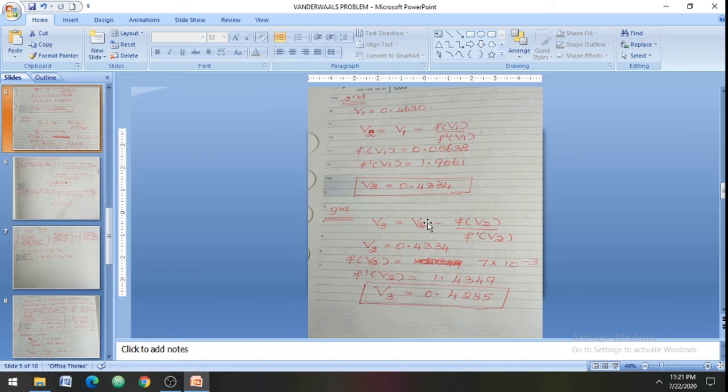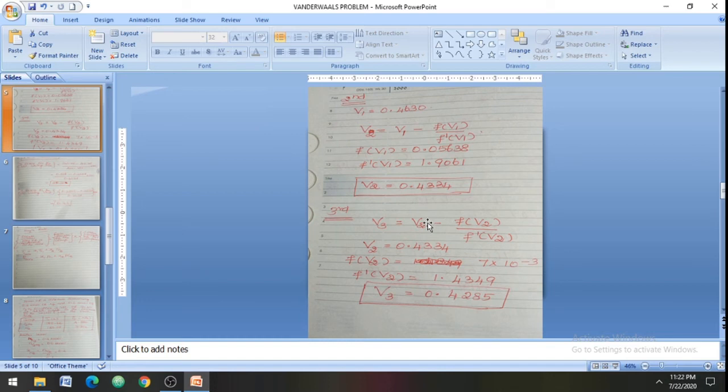We have the equations for f of V and f dash of V, so replace V with V1, and find out f of V1 and f dash of V1. After substituting these three values, we got V2 is equal to 0.4334.